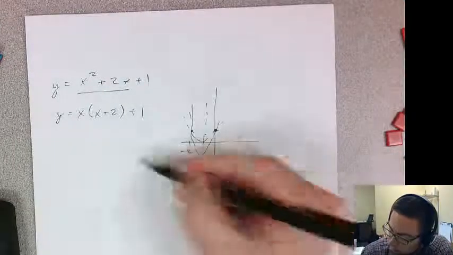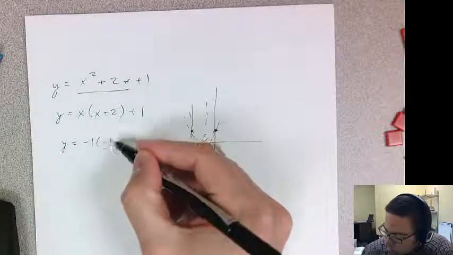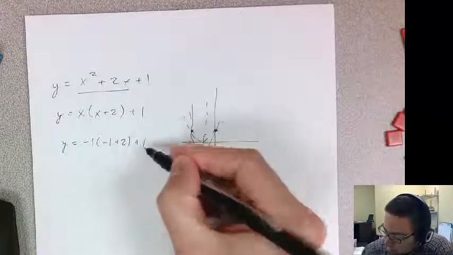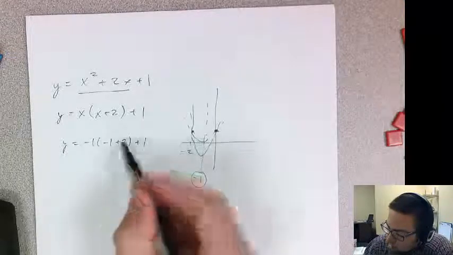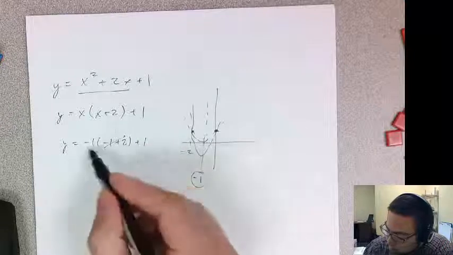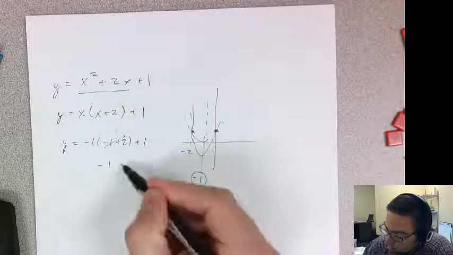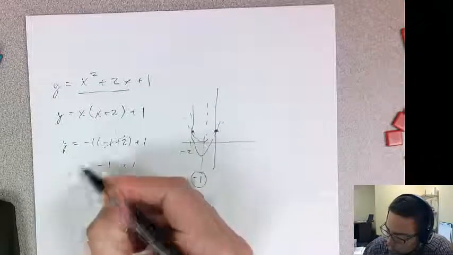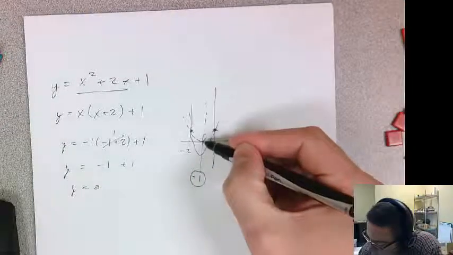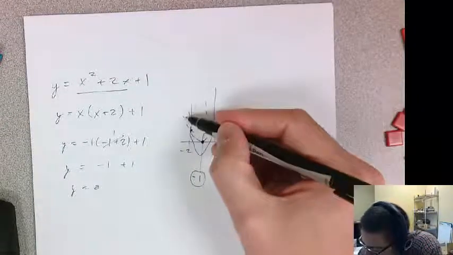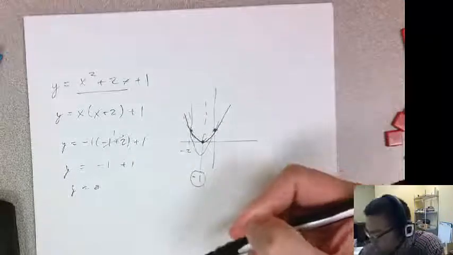So if I plug negative 1 into my equation, negative 1 times (negative 1 plus 2) plus 1, so negative 1 plus 2 is positive 1. Negative 1 times positive 1 would be negative 1, plus 1, so I get a y value of 0. That would be right on the axis. So this is the curve that it actually is: as it comes down, it just touches and goes back up.